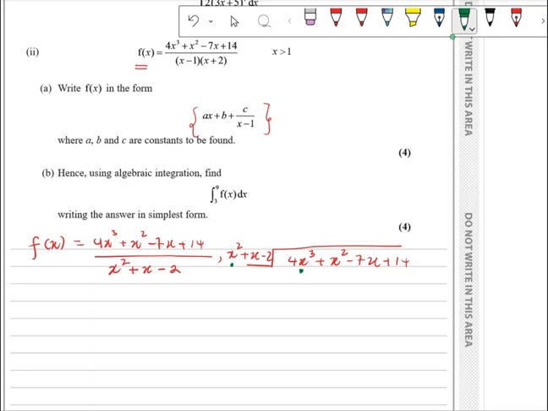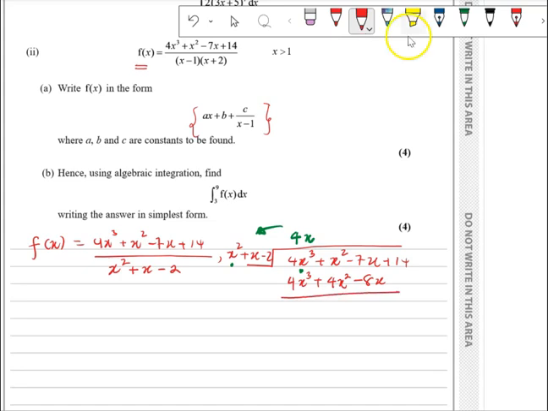That means our first quotient term here is just 4x. So then you multiply these ones over here. What do you have when you multiply? You have 4x cubed plus 4x squared, and then over here minus 8x.